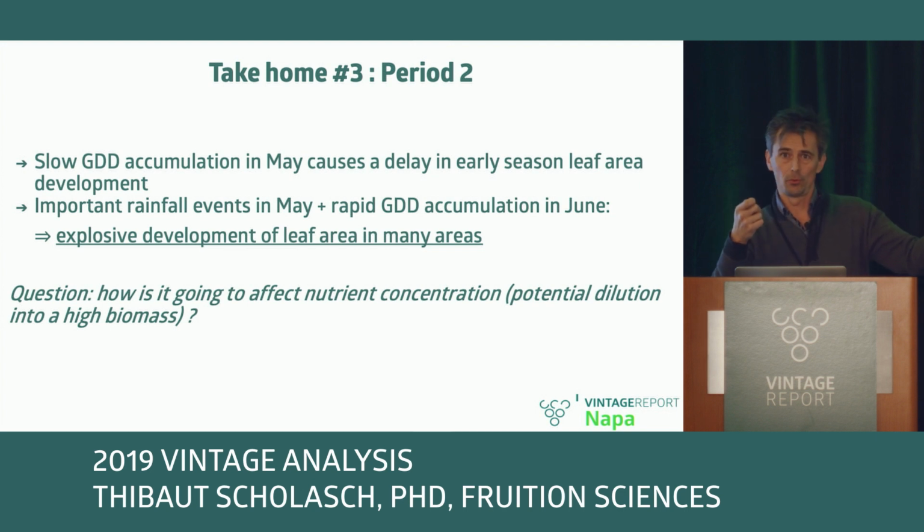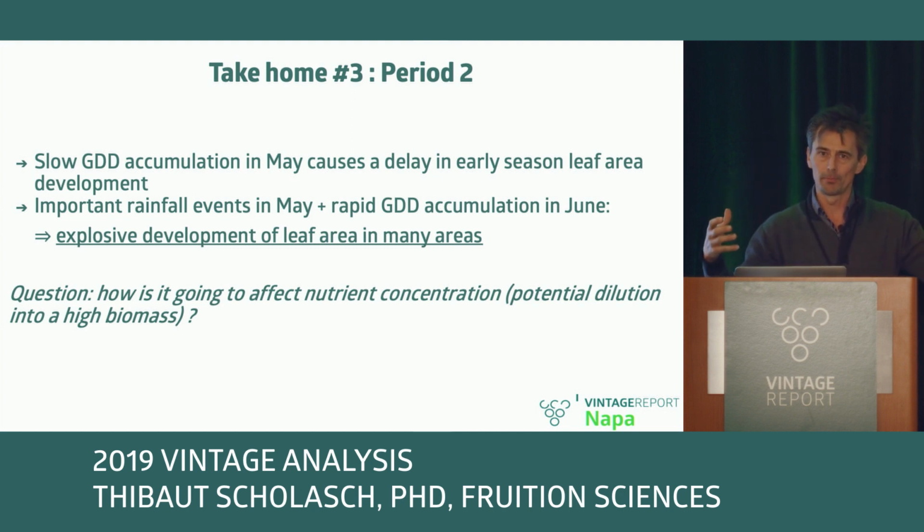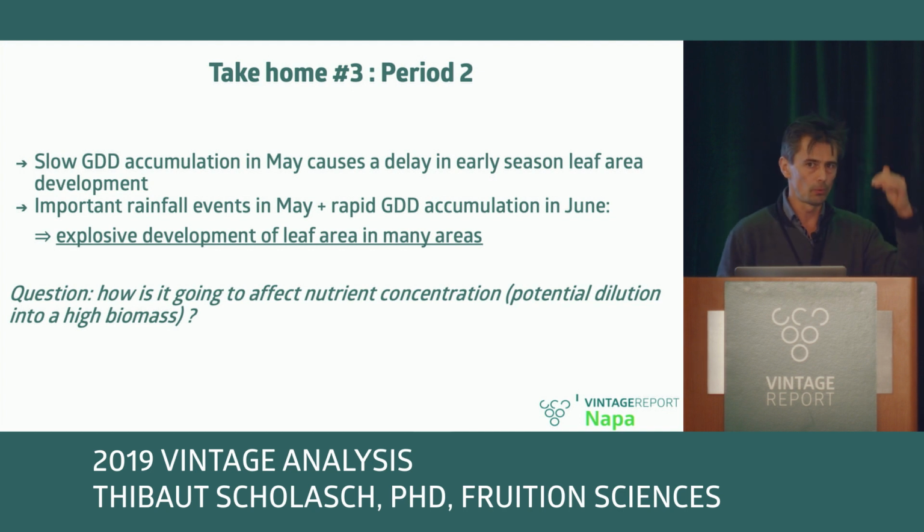So what if we have an explosive leaf area development after nitrogen stops being accumulated? Are we going to have an initial amount of nitrogen being diluted into more biomass, therefore observing lower petiole number, lower leaf nitrogen concentration, lower photosynthetic activity?